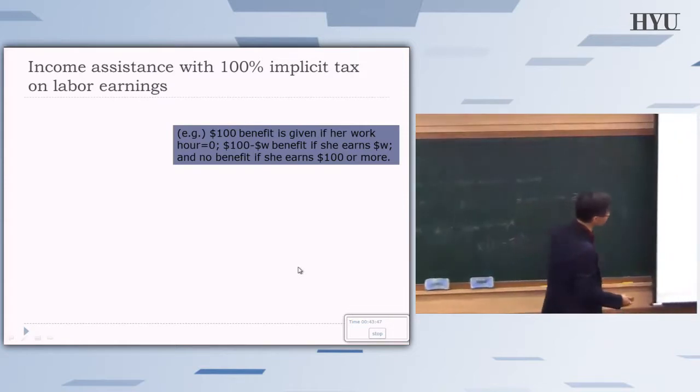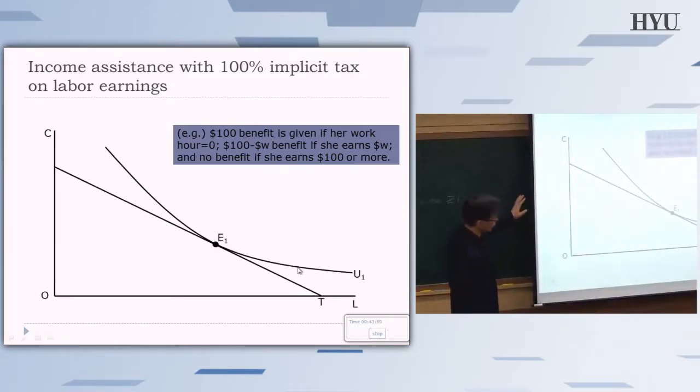Now let's look at the diagram. This is the situation before any welfare program. Now with welfare, what happens to her budget constraint? If her leisure choice is T, her income would be 100, and her consumption would be 100 because she spends everything.